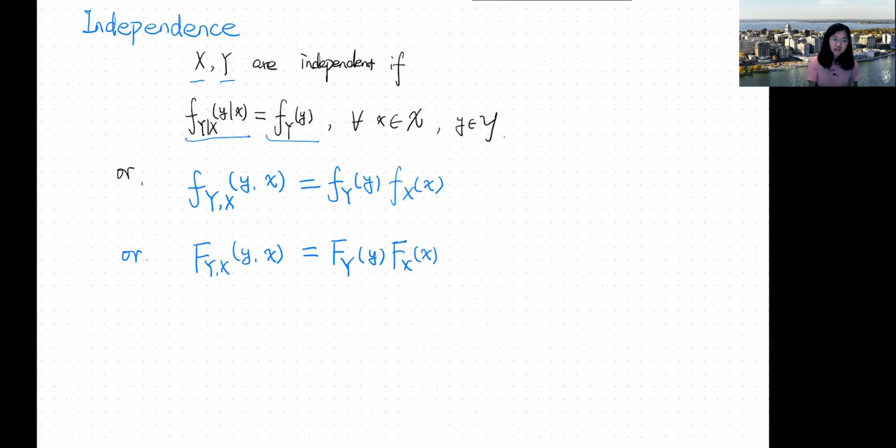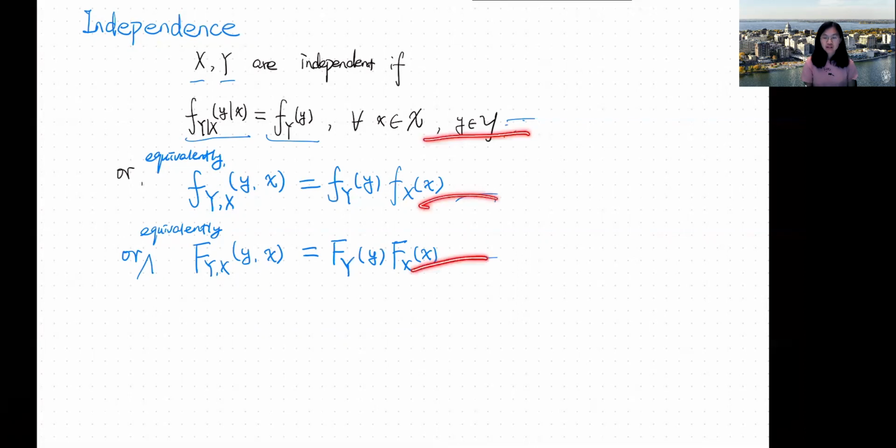All these statements are in fact equivalent. You can claim independence whenever each one of these hold, and these statements also imply each other. So you can define independence in this way.